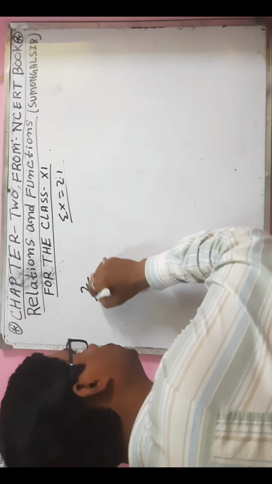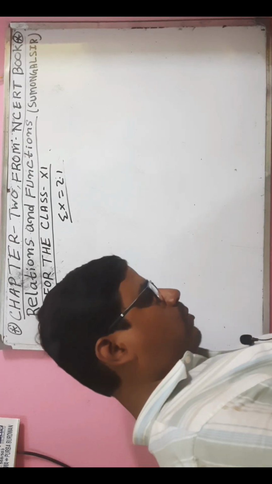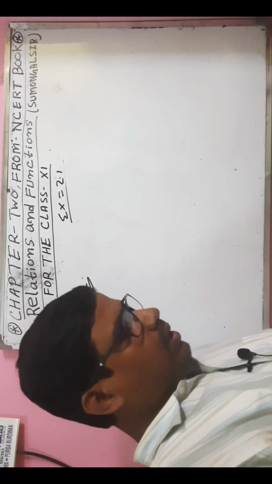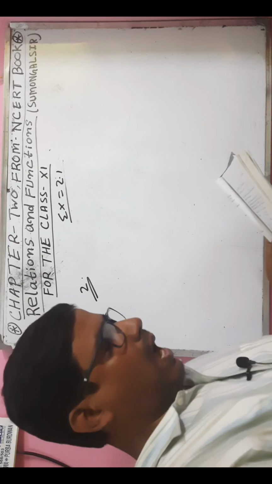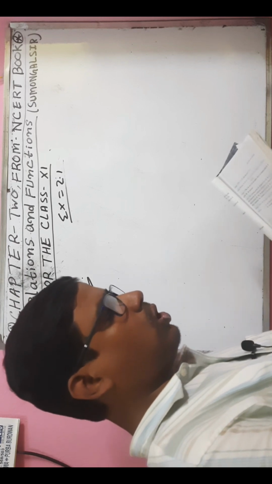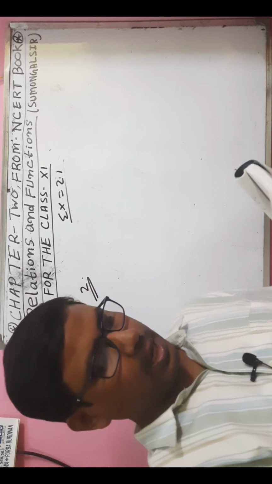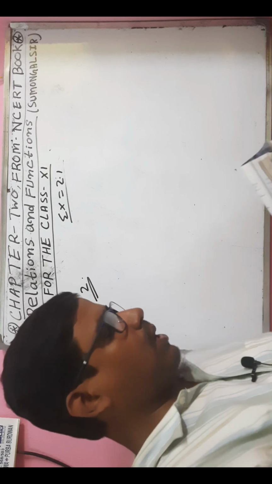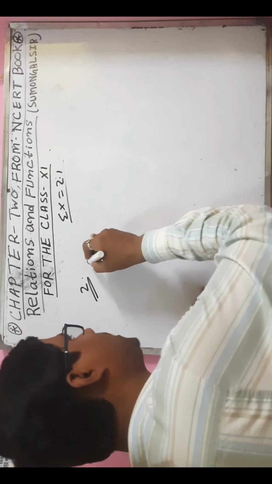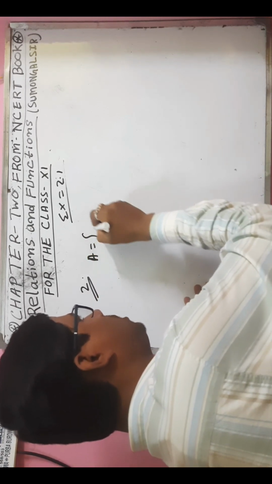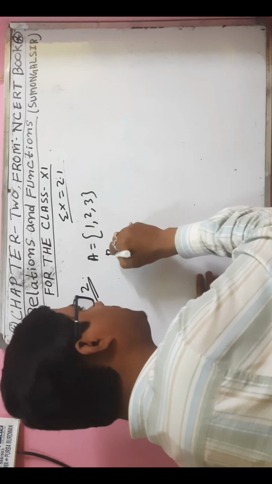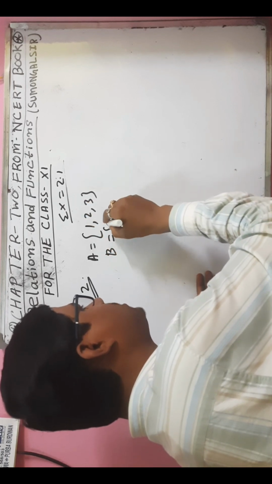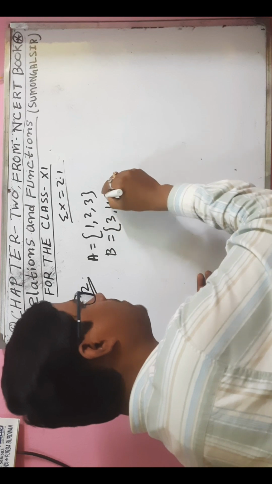Question number 2. If the set A has 3 elements and B has the elements 3, 4, 5, then find the number of elements in A cross B. A has 3 elements, suppose 1, 2, 3, and B has the elements 3, 4, 5.